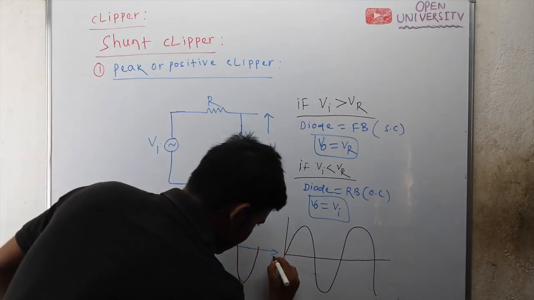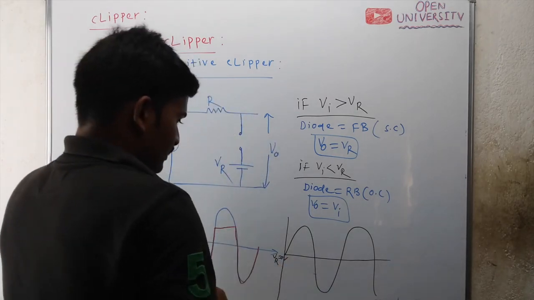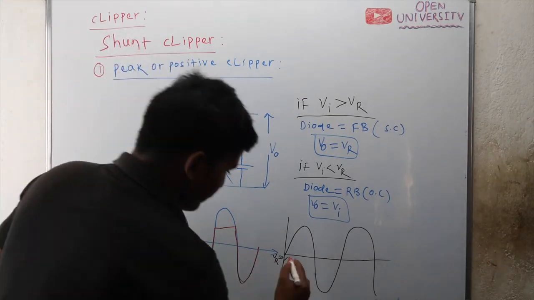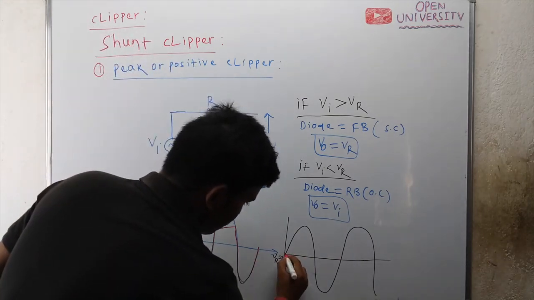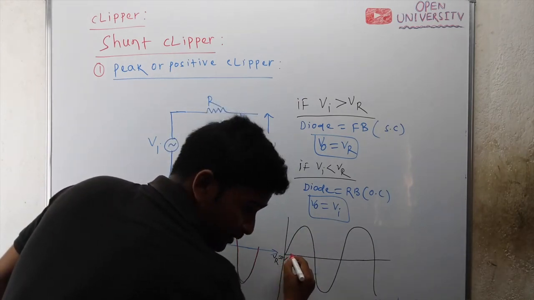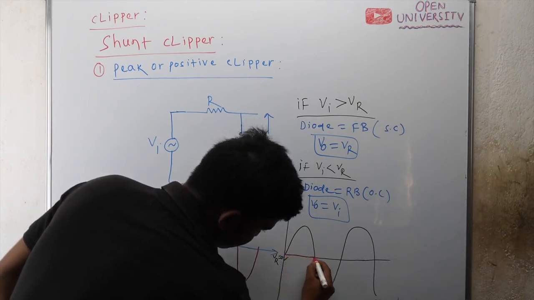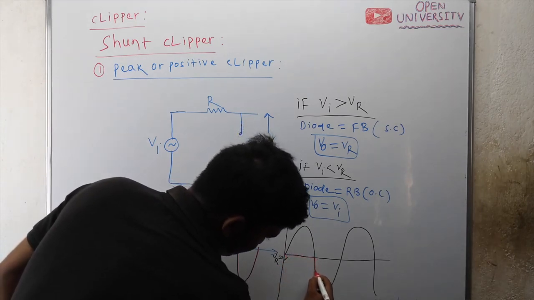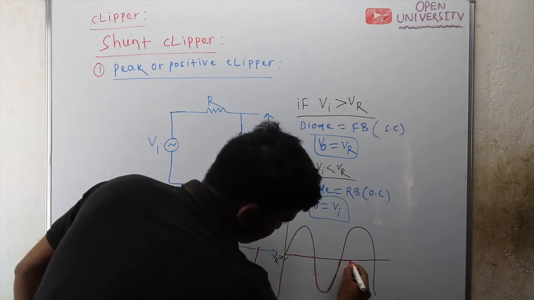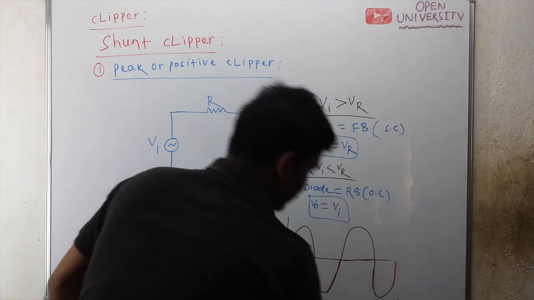This is your VR equal to 0 volt. When VR equals 0 volt, again the output waveform will be like this. When input voltage is greater than reference voltage, output voltage equals VR, and the VR value is 0 here. And when input voltage is less than VR, output voltage equals Vi. This will be the output waveform.